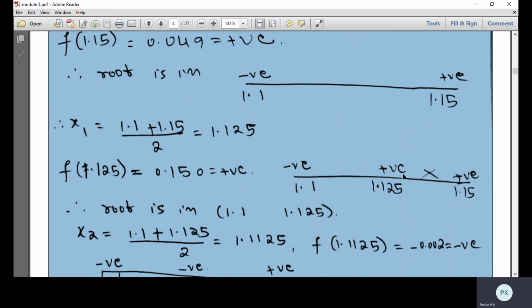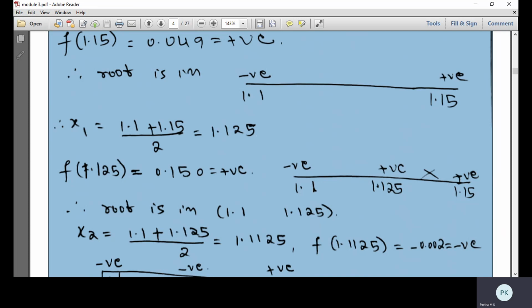Positive, positive, no root. Therefore, there must be a root in between these two. So for the next step, you have to carry only this much: 1.1, 1.125, and a middle value.